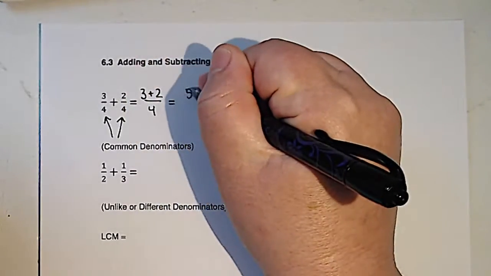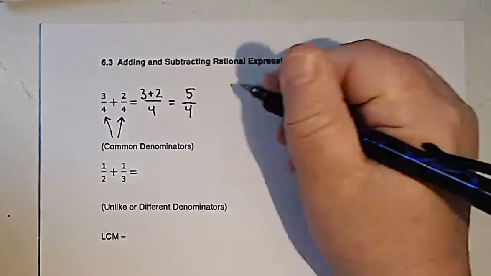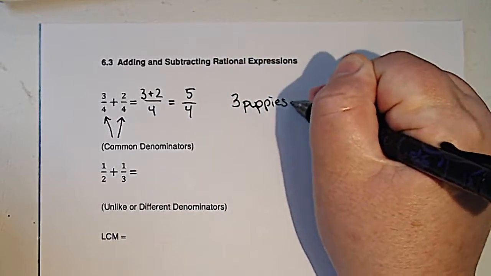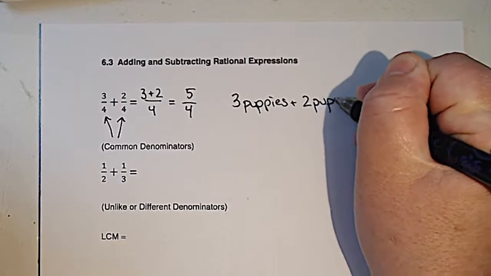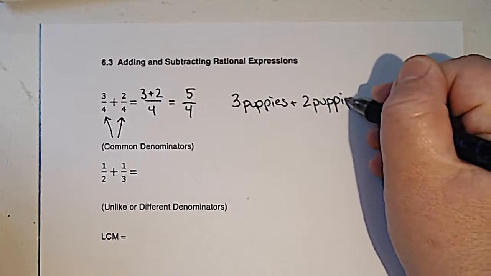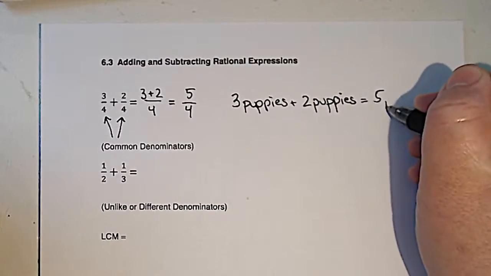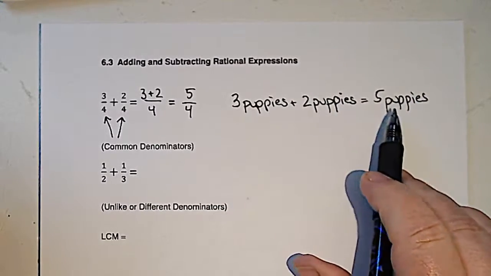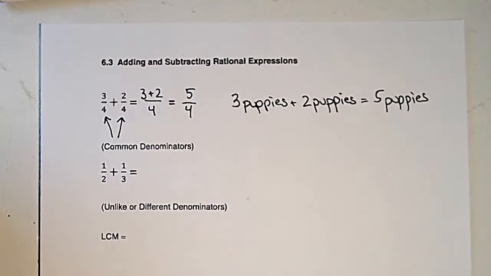In other words, 5/4. This is very much like saying 3 puppies plus 2 puppies, except I can't spell, equals 5 puppies. Like terms, like terms. So the denominator tells you whether or not these creatures are like terms.